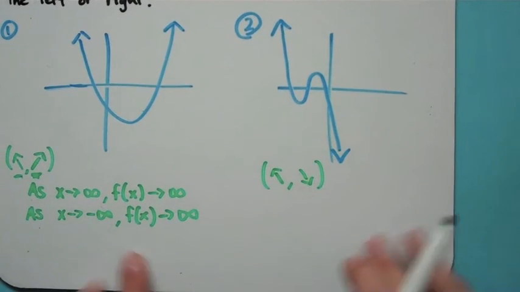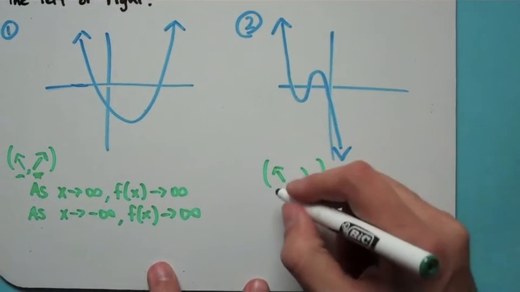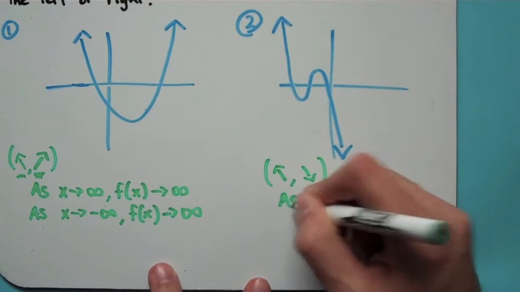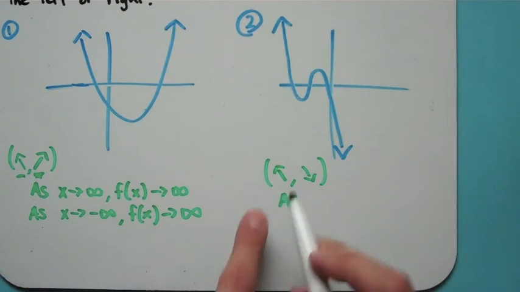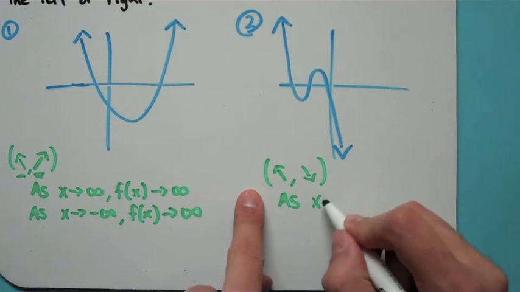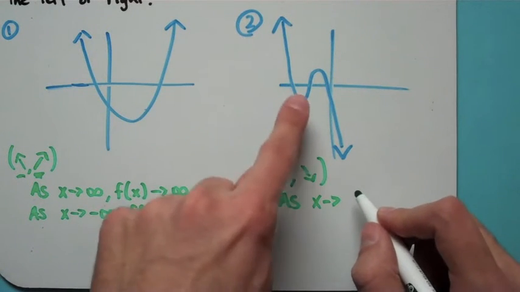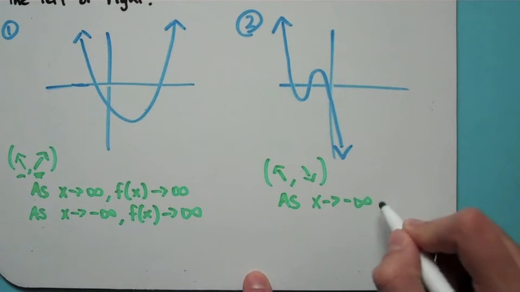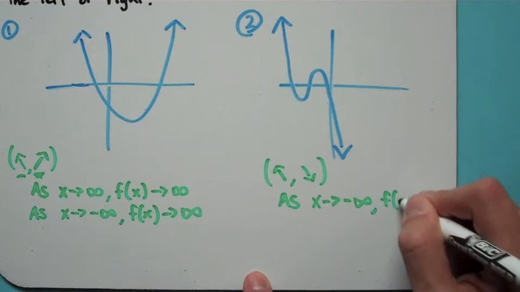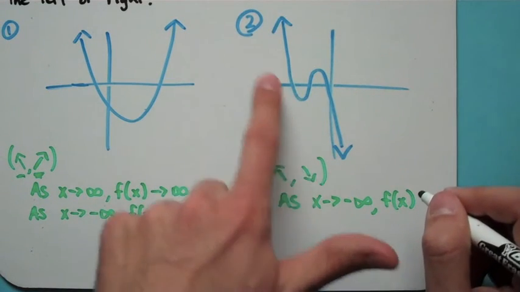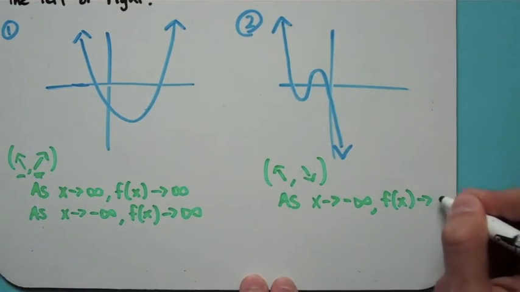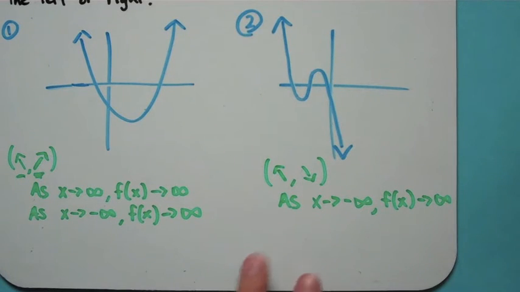And let's write our little sentence like we did on our last example. There's no real reason I started with the right side on the last one. I'll just start with the left here. As x approaches, if we're going to the left, that's going to be negative infinity. F of x was going upwards to the left, so it's going to approach positive infinity.